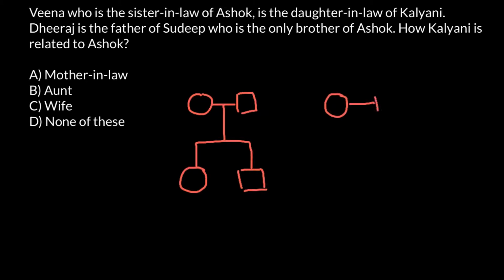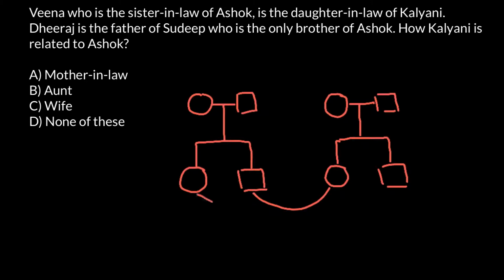Also mother, father, and they also have two children of the opposite sex, so female and male here. And now imagine this strange situation where this male would marry this female, and this female would marry this male.